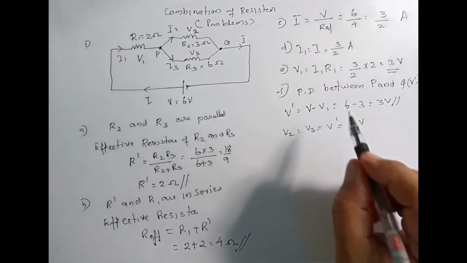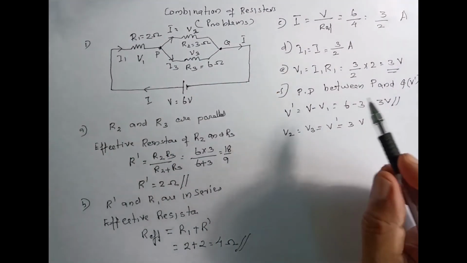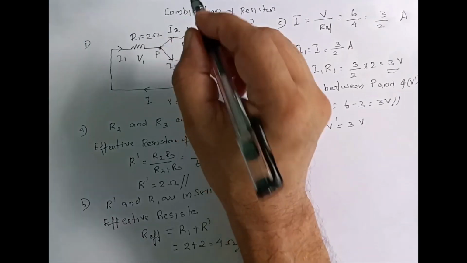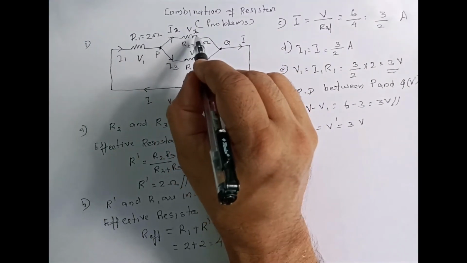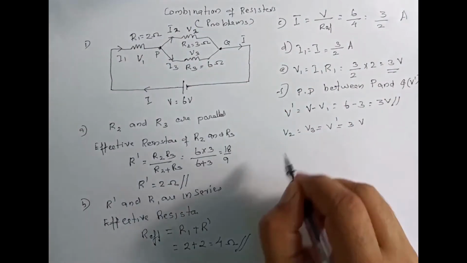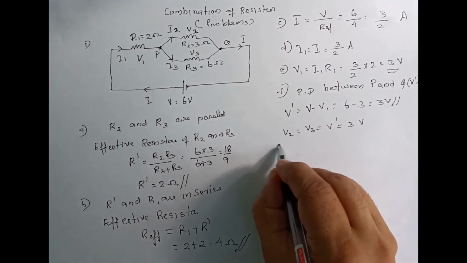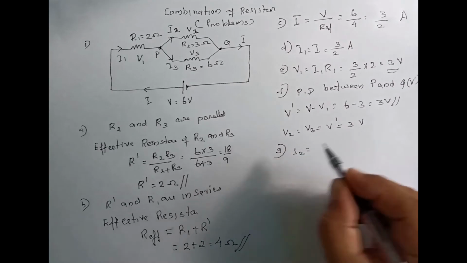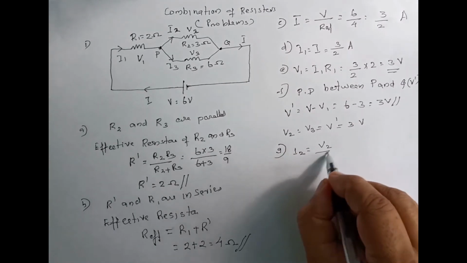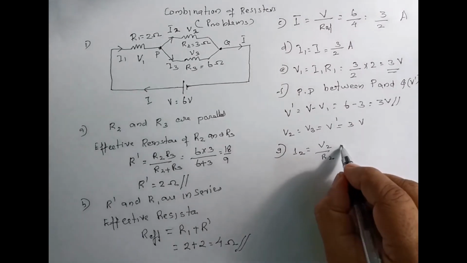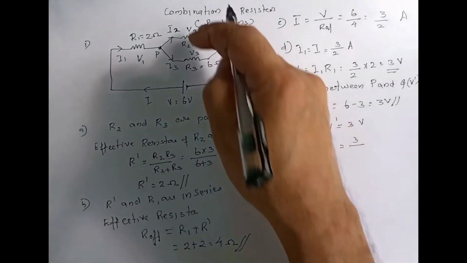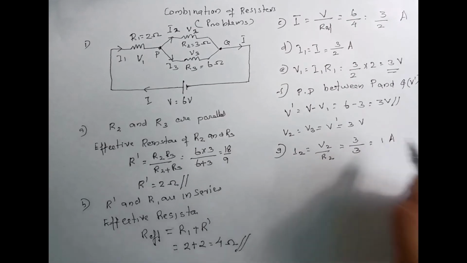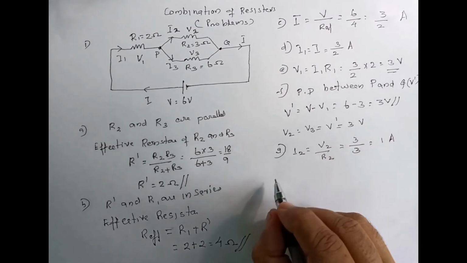Now you will be able to work out the currents through the resistors, this I2 value, that is the current through R2, and I3 value. So let us work out. I2 is equal to V2 upon R2, that is equal to 3 upon, what is R2? 3, that is equal to 1 amp. Now we can find out I3.